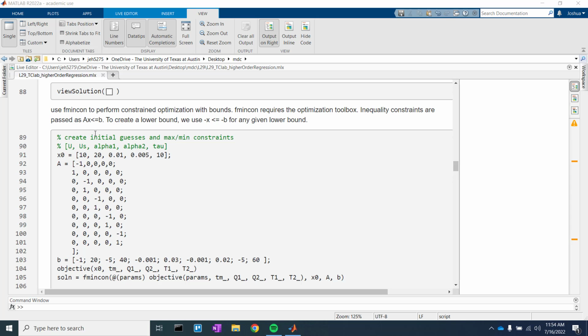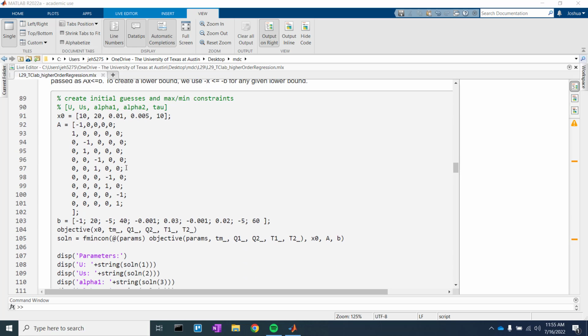The first step is to regress our parameters as we've done before. Here we have U, the heat transfer coefficient, US, which is the heat transfer coefficient for convection and conduction between the two heaters. Then we have alpha 1 and alpha 2, and then tau, that lump parameter.